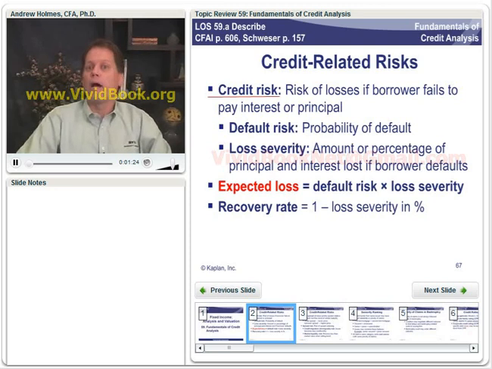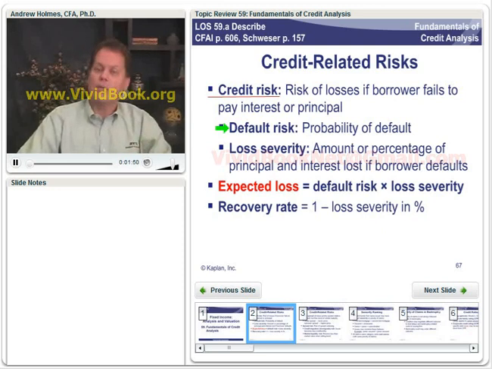So what do we need to think about when we think about credit risk? Well, credit risk by itself is incomplete. When people say credit risk, what they probably mean is default risk. That is the idea that the borrower is going to cease making payments, or perhaps this could mean technical default, where they're out of compliance with debt covenants, those types of things.